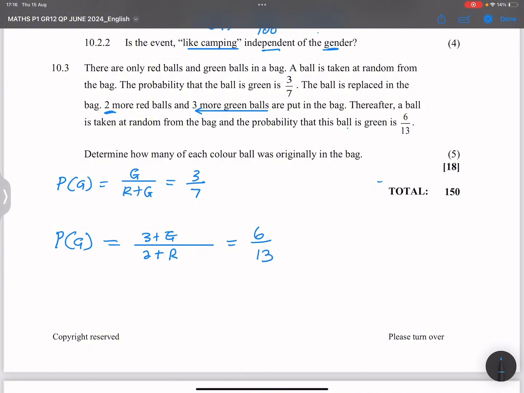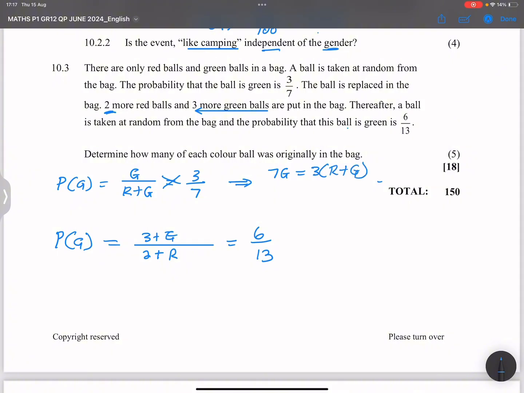Right, now they say to us, determine how many of each color was originally in the bag. Right, so let's try and express this first one as an equation. So I'm going to cross multiply there and say this is going to be 7g is equal to 3 into r plus g.